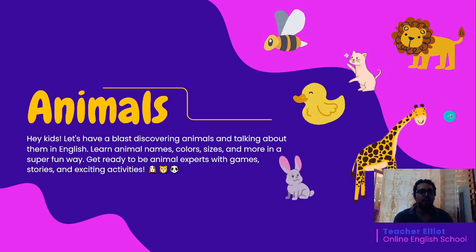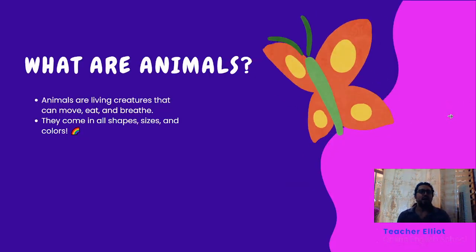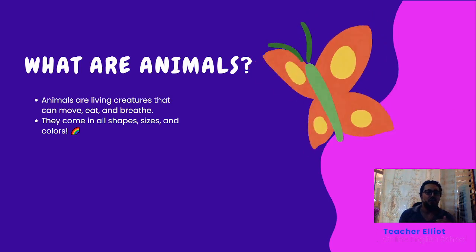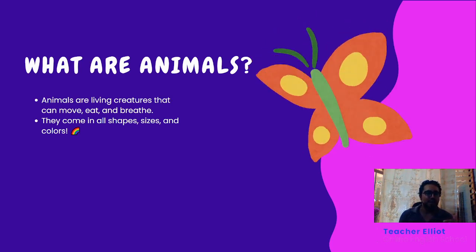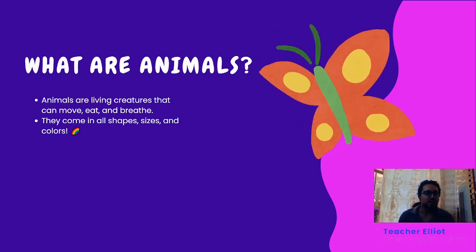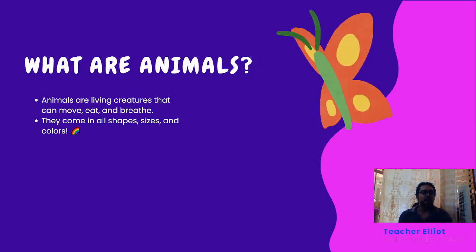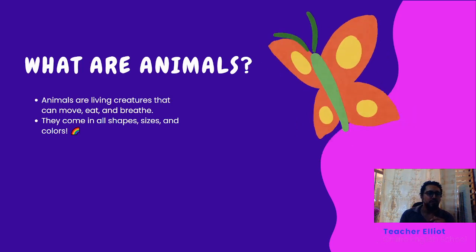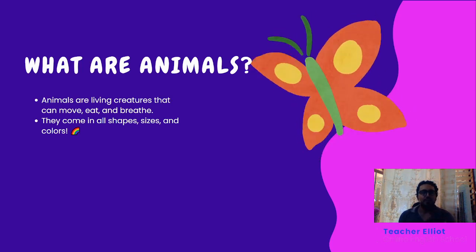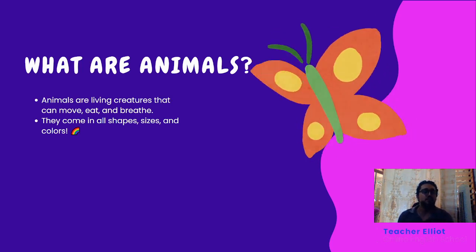Before everything, I want to ask you, what are animals? Do you have any idea? Do you have any opinion? Would someone like to give me your opinion about an animal? Okay, so animals are living creatures that can move.